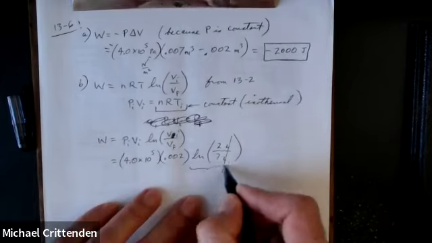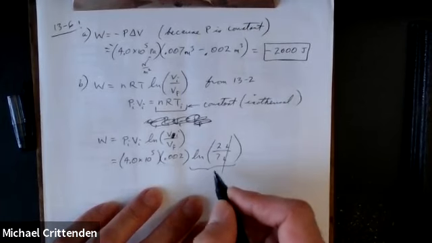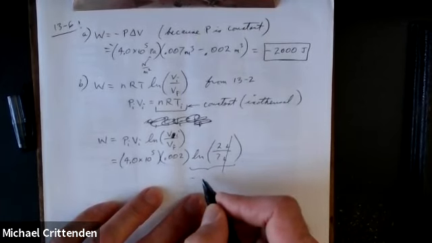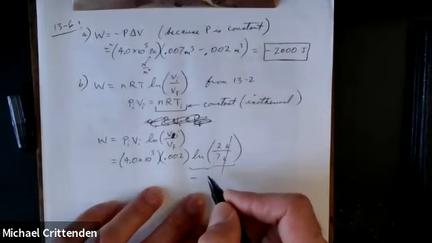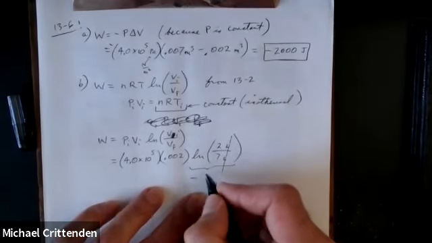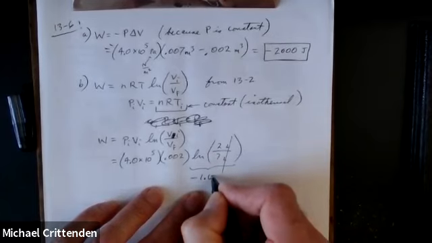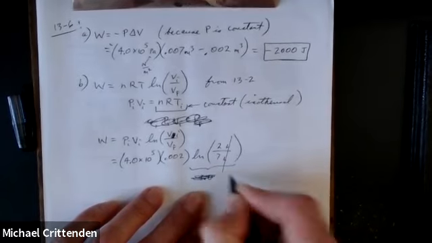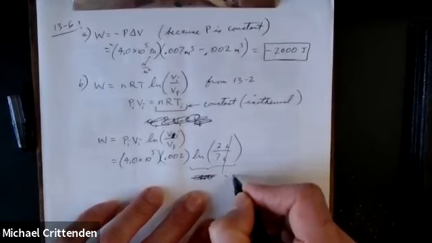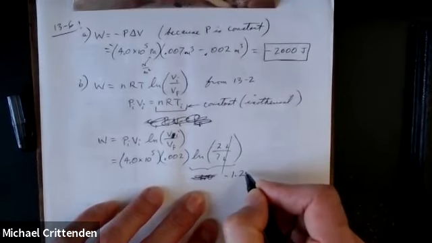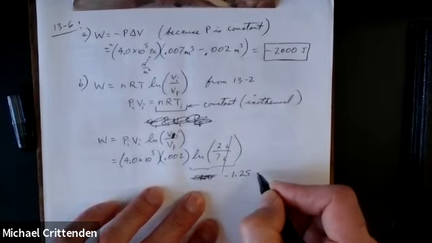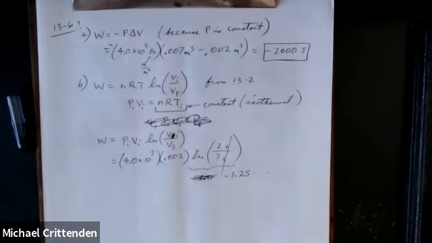This part here, the natural log, comes out negative. Anytime it's the log of something less than 1, more than 0, it'll be negative. I'm just having a terrible time today. 1.25, and of course it keeps on going. 1.25276.